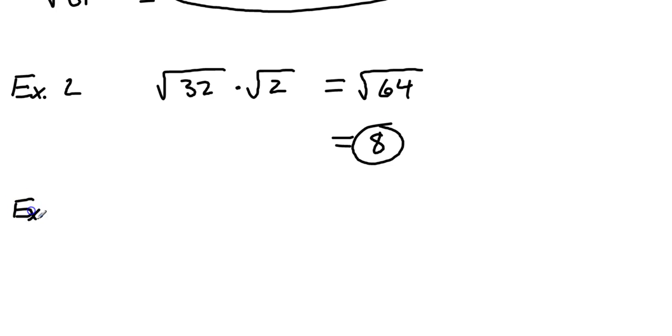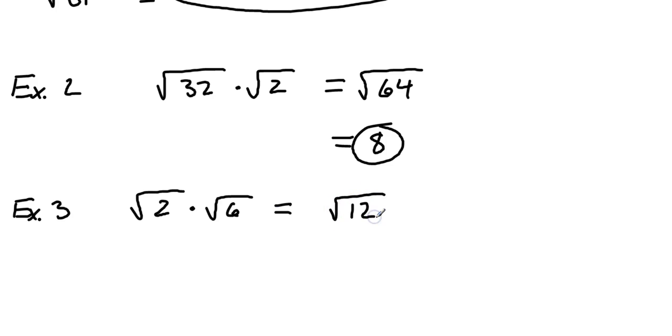All right, let's give you one more here. Okay, square root of 2 times square root of 6, square root of 12. Now in that case, it's not a perfect square root number, but it should be a pretty easy one to break down, because square root of 12 would be 4 times 3.